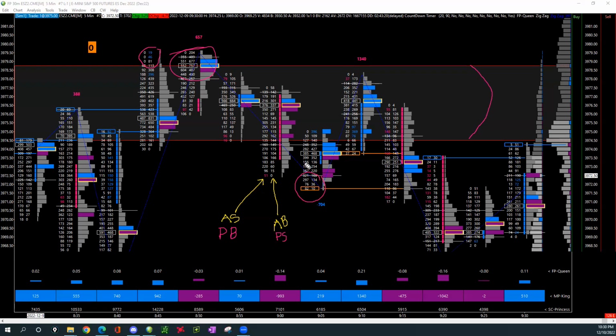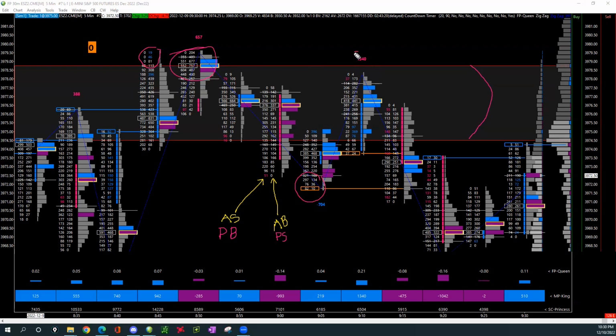On this side right here, the aggressive sellers get absorbed by a passive buyer. So it went all the way up, and the trigger when it passes the level, a lot of buyers come in and join the party. But they forgot that there's a lot of sellers who already sold up here.